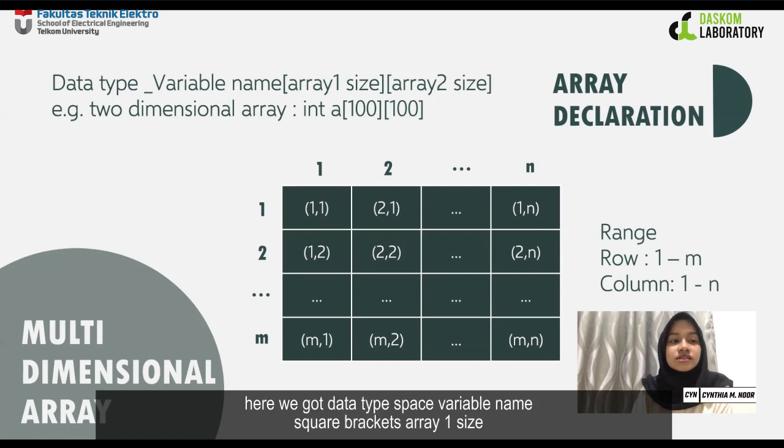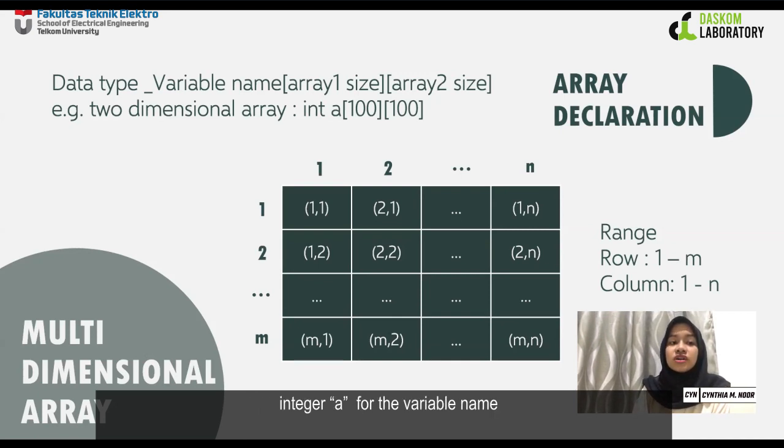Here we have data type, space, variable name, square brackets, array1 size, square brackets, array2 size. This example is for the two-dimensional array: int a for the variable name, and then square brackets 100, square brackets 100.